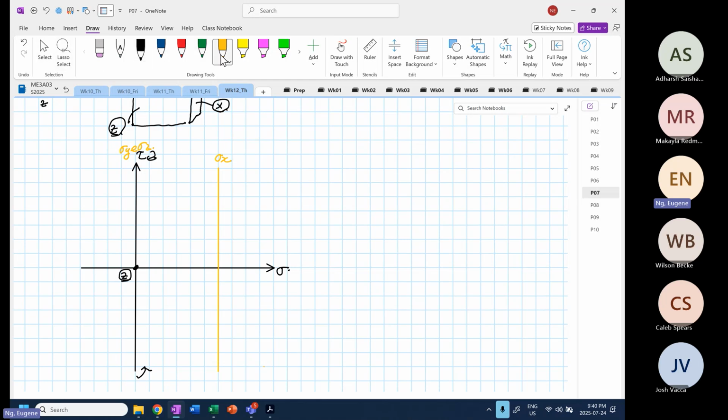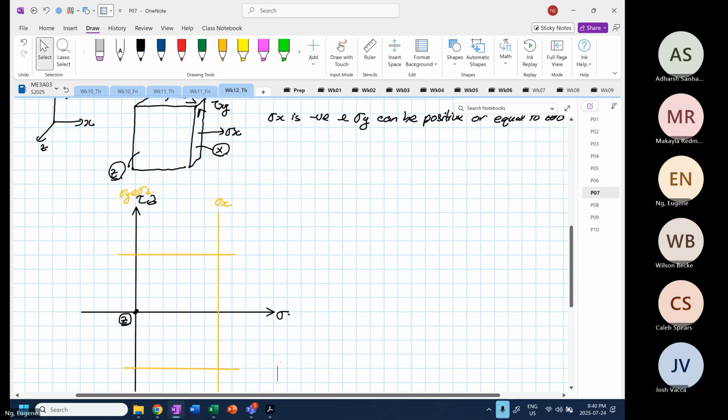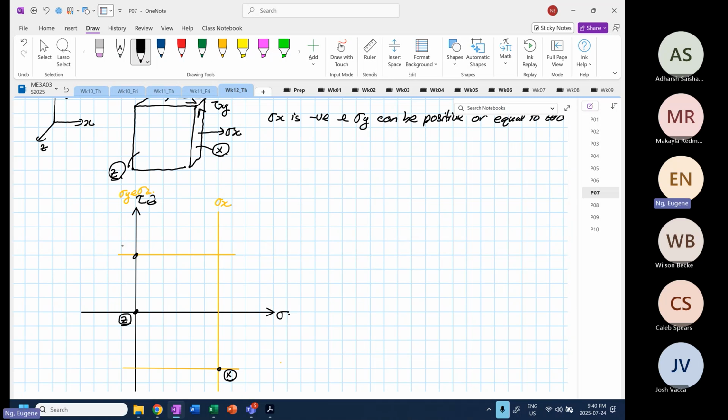And then we have our shearing stress. From here, anti-clockwise, we know that this is your point X. Over here, this is your point Y. Then we draw a straight line.